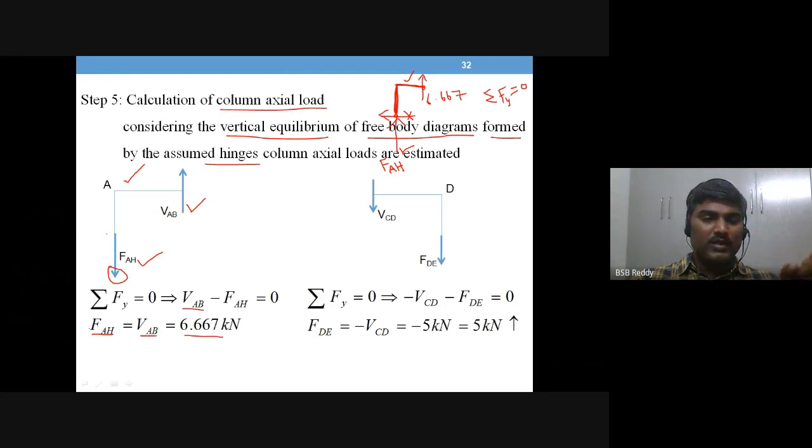That means FAH is a positive value, which means your assumed direction is correct. Compare the diagram that I have drawn: 6.667, and I have an upward force.